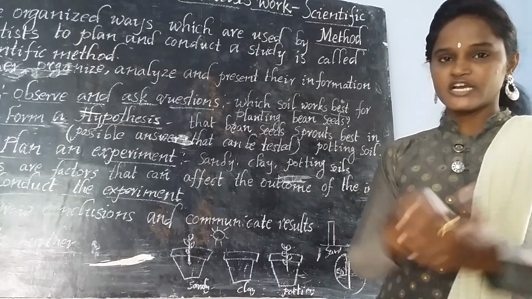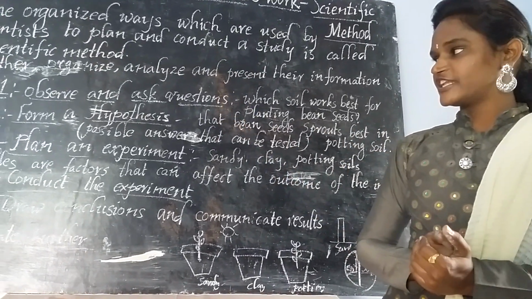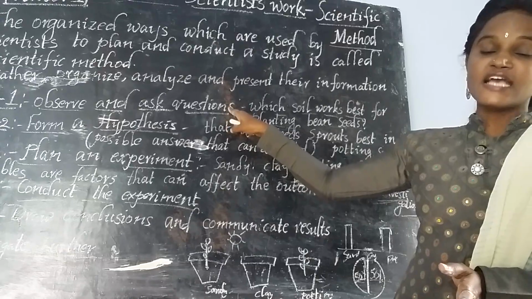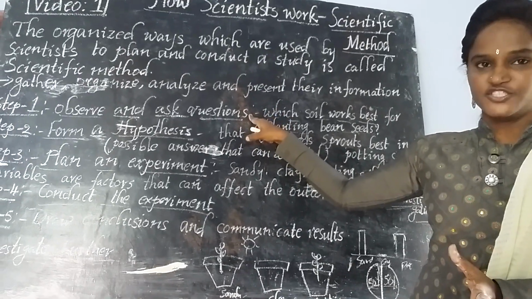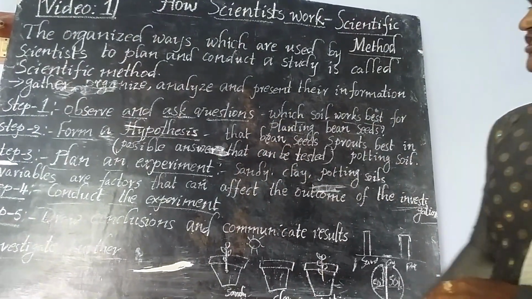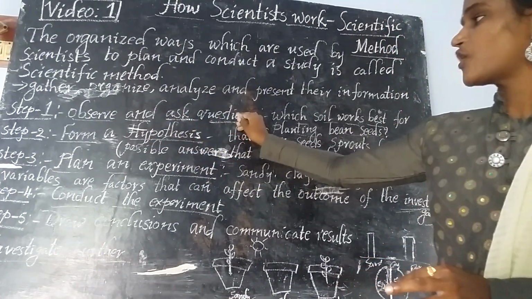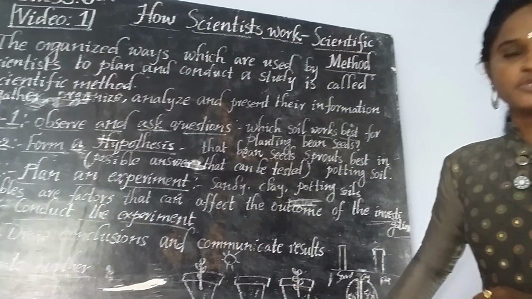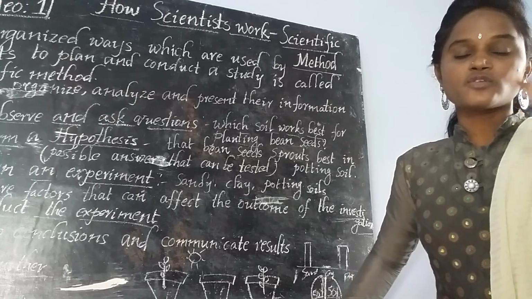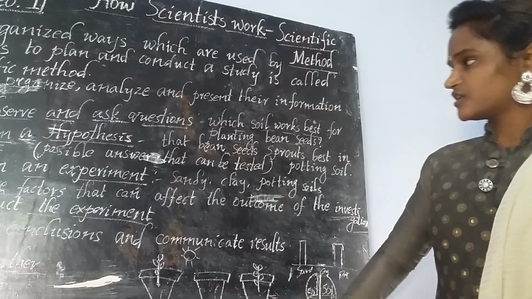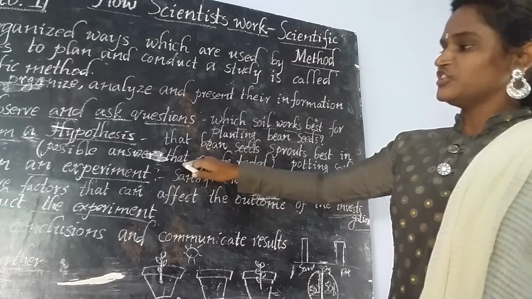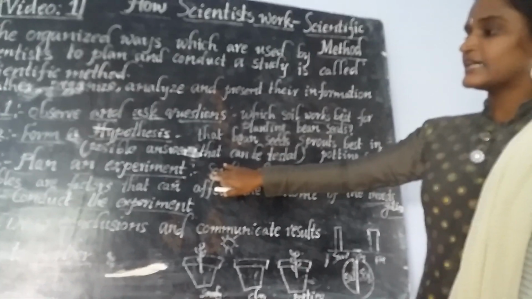Like that, by using our senses, we observe nature and ask many questions to get knowledge. Later, what is the second step? Form a hypothesis. For this question, you need to give one answer, your guess, your possible answer.